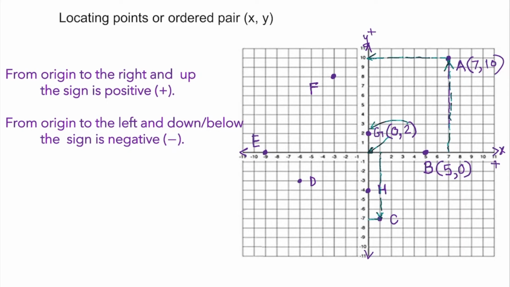So what we have for C is 1 to the right, comma, and 7, which is negative 7, going down. Remember, we are clear here because it's already labeled negative, positive, so we are fine. But if it's not labeled, we have to assume anything coming down is negative, anything to the left is negative, anything to the right is positive, anything up is positive from the center. So we have found that.